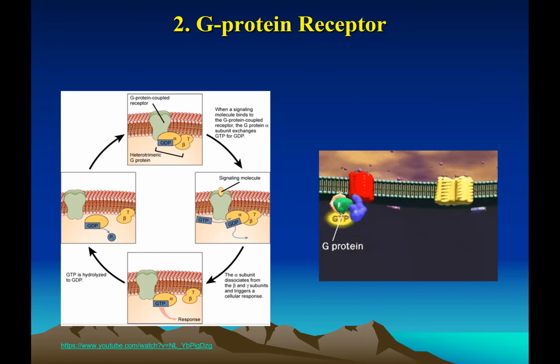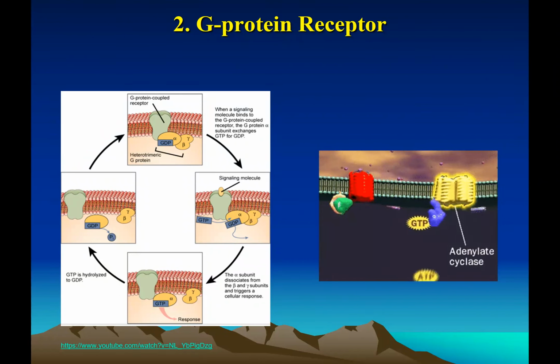When that union happens, the G protein subunit will exchange GTP for GDP. It's guanosine triphosphate becoming guanosine diphosphate. This will make the alpha subunit dissociate from the rest of the subunits.